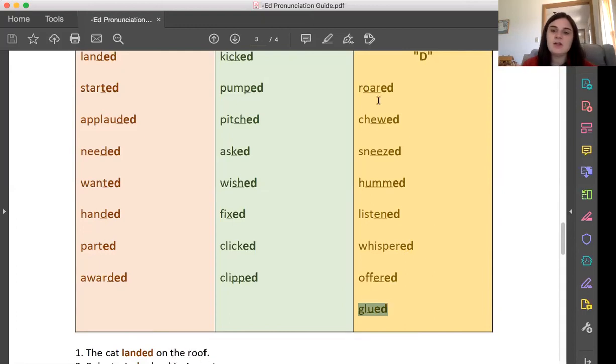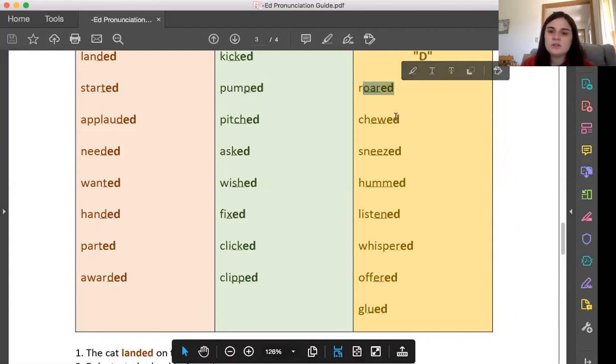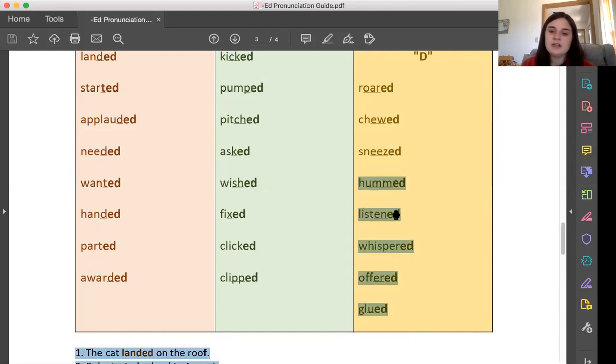Say it again, like roar, kind of noisy. Roared, chewed, sneezed, hummed, listened, whispered, offered, glued.